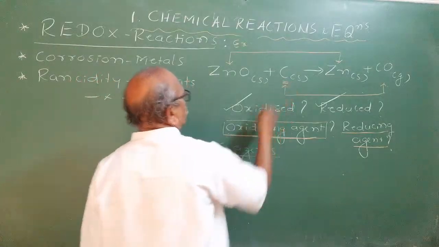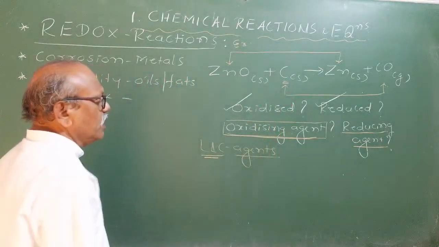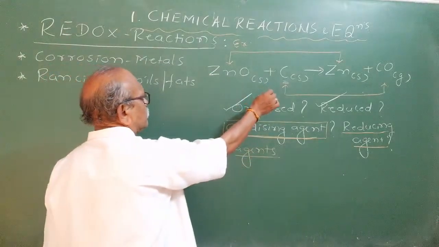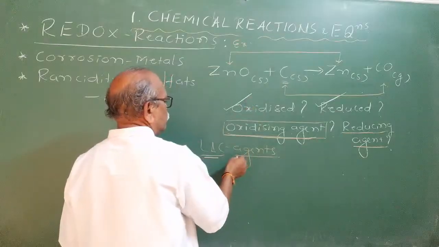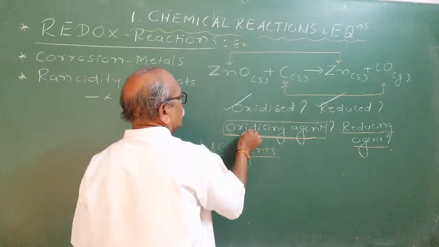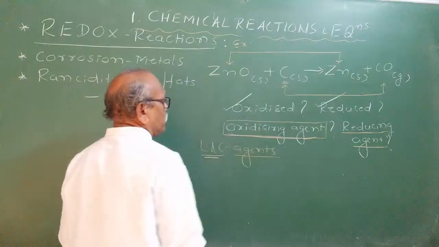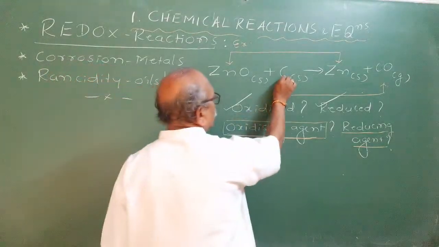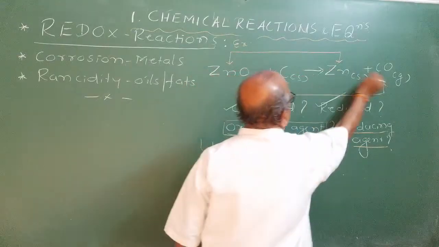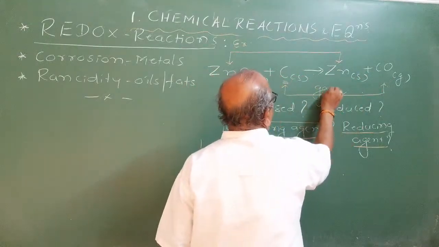Carbon is oxidized. An oxidizing agent is the one which helps the oxidation by providing oxygen to it. Carbon gains oxygen.